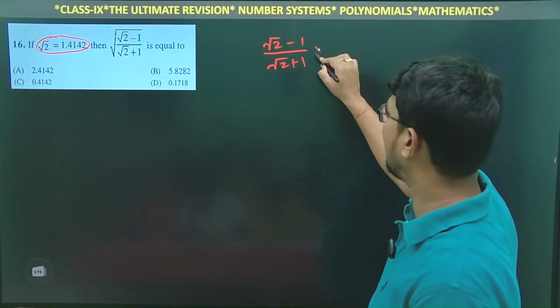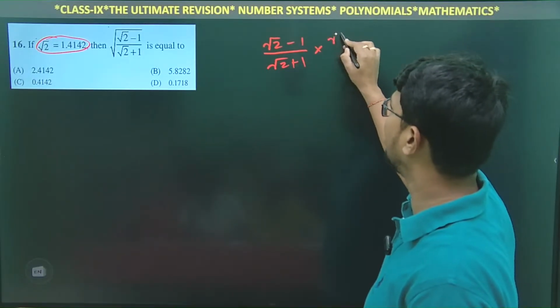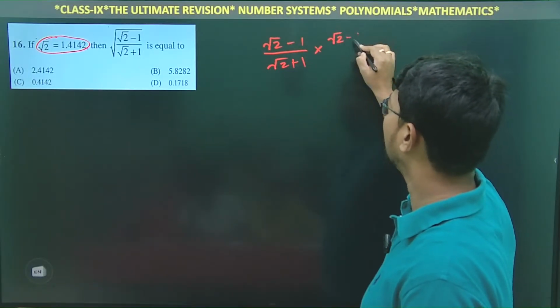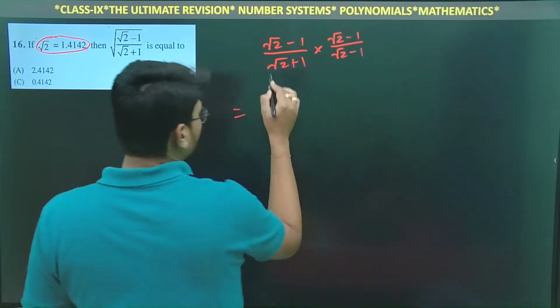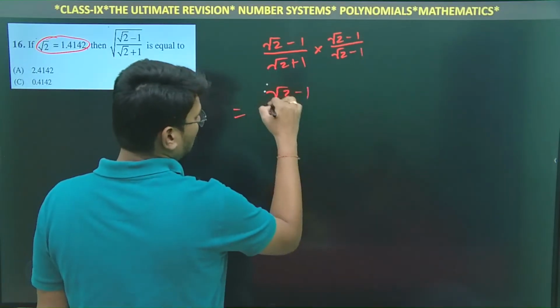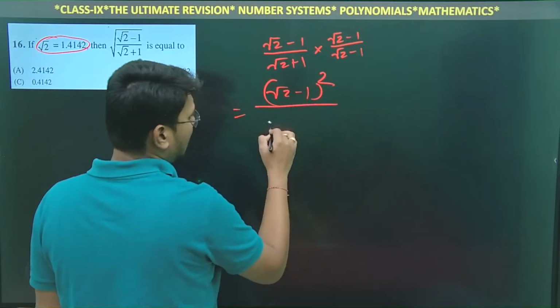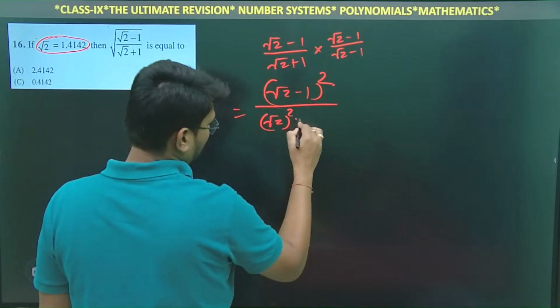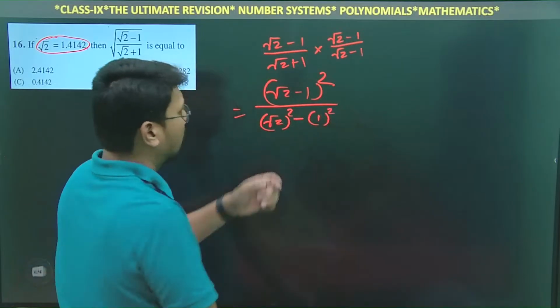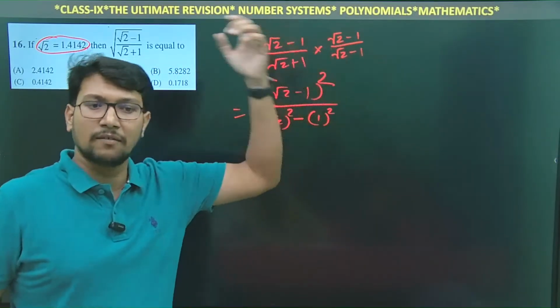What shall I multiply? Bolo. Root 2 minus 1 by root 2 minus 1. Is that clear? So therefore it will become root 2 minus 1, whole square by root 2 square minus 1 square. Why? Which formula, which identity we have used here?